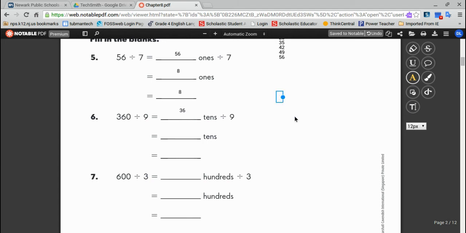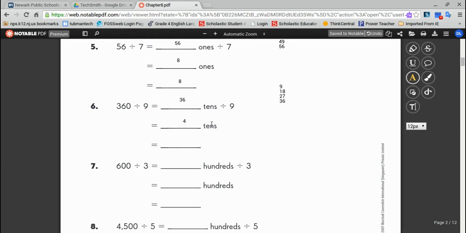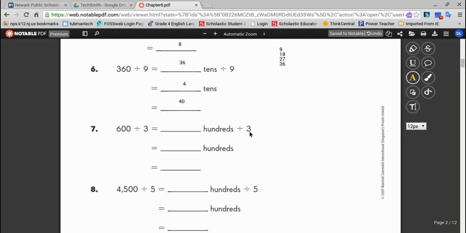So if we look at our 9 multiples, 9, 18, 27, 36, we know that 36 divided by 9 equals 1, 2, 3, 4. 36 divided by 9 equals 4, so 36 tens divided by 9 is just 4 tens. And 4 tens is just 4 with a 0 behind it because it's 10, 20, 30, 40. So 4 tens is just 4 with the 0 behind it, which is 40.